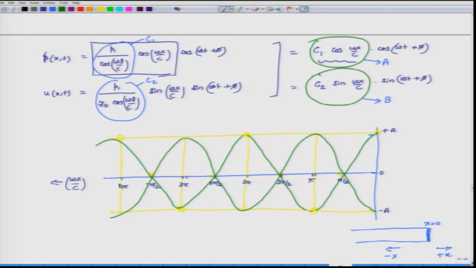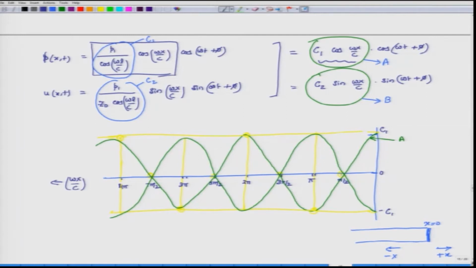So, this green curve is for function A, and the maximum value of this function A is going to be C1, and I incorrectly wrote this earlier, it should be positive C1 and negative C1.